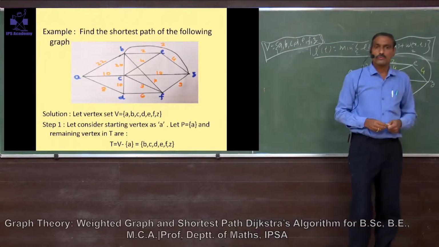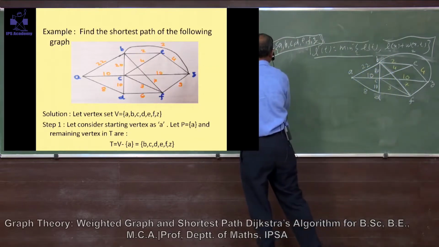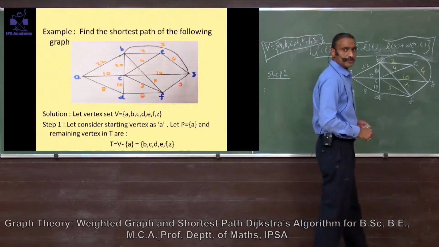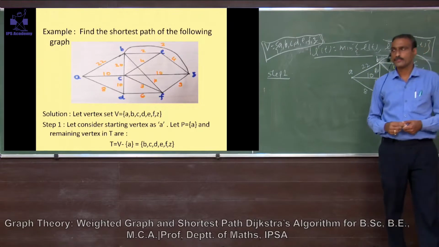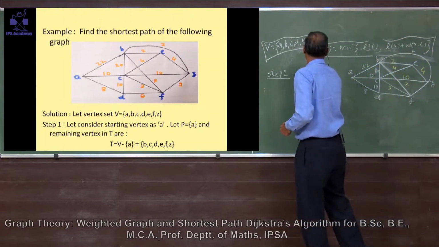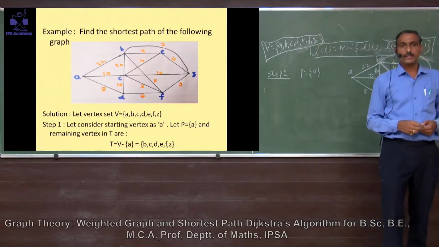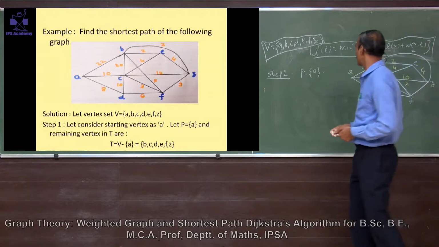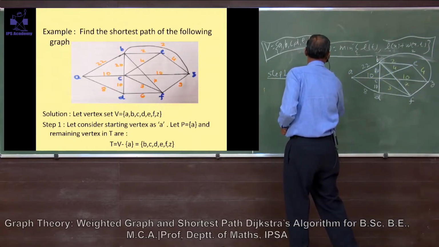Now we start with step 1. Let's consider the starting vertex as A, and so we create a path by taking P equals A. This is the path, the starting vertex, and the remaining vertices are in T. T equals V minus S. You have to remove A here.